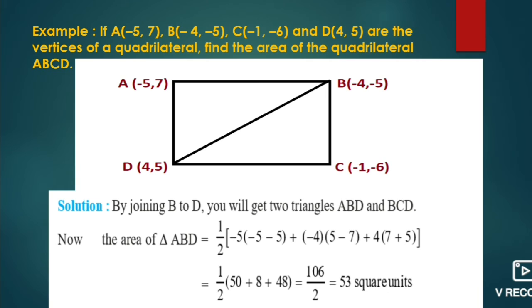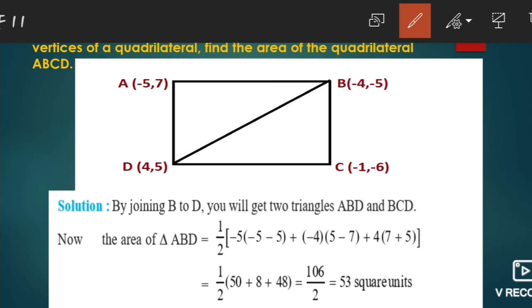Now next example. If A, B, C, D coordinates are given as the vertices of a quadrilateral, find the area of the quadrilateral ABCD. 4 vertices are given, you have to find the area of this quadrilateral. Since a quadrilateral is given, I am taking a rectangle. You can take any other quadrilateral as you wish, trapezium or square or rhombus or parallelogram.